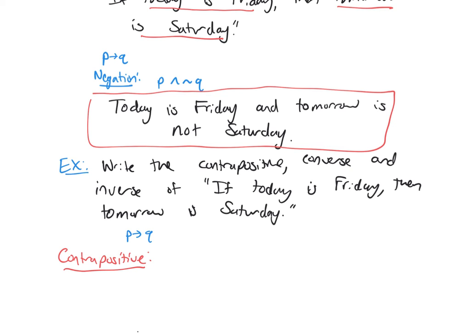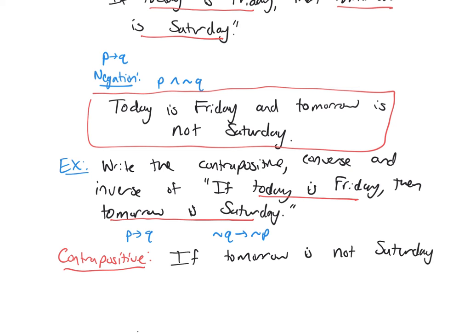So the contrapositive would be if not Q, then not P. So we're going to take our two pieces, today is Friday, tomorrow is Saturday. We're going to switch the order, and then negate them. So it's going to say if tomorrow is not Saturday, then today is not Friday.